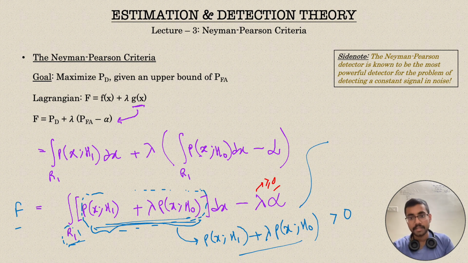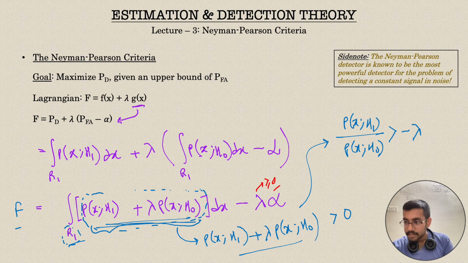Now just rewriting that, we would get the probability of x given h1 over the probability of x given h0 that is greater than minus lambda. If that happens, then for this particular x, all values of x belong to the region R1. Now this particular value we can rename, because minus lambda does not seem very good.